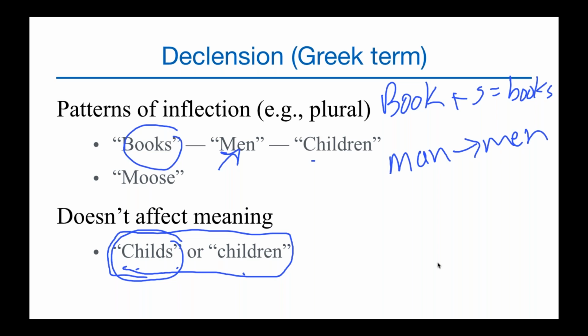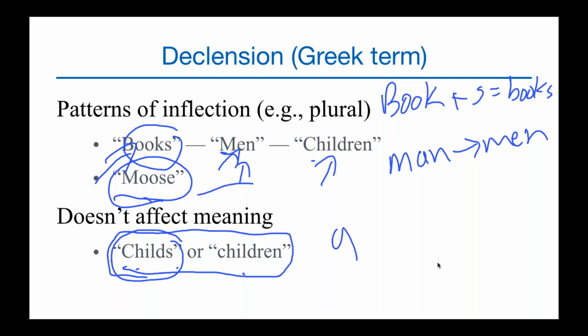So we're going to have one group that follows one pattern. You can kind of think about that as the S pattern, with book plus S equals books. We're going to have another one that follows a different pattern. You can think of it as this one. We have another one that follows a still different pattern. And also, he points out here that moose doesn't change the same way that you would expect it to.